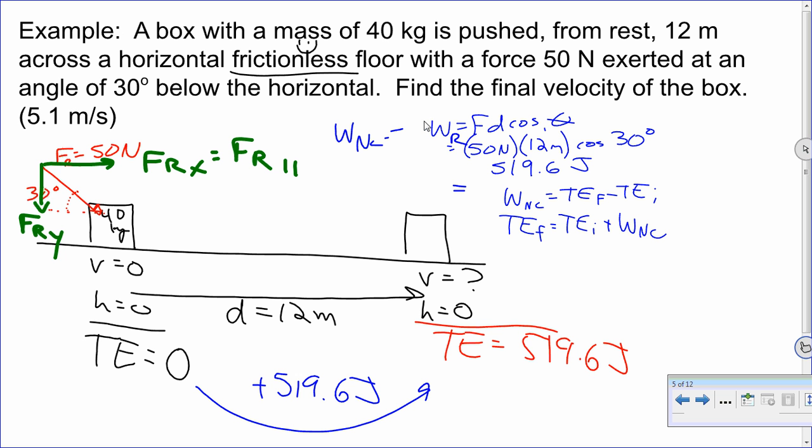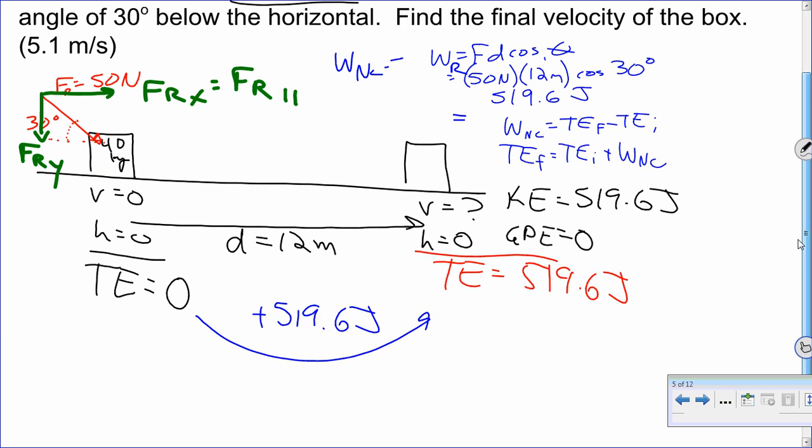All right, great. Now, if the height is 0, that means GPE is 0. Aha, that means that my KE must be 519.6. And why am I happy now? Because now we can find that velocity. All right, so we're almost done.